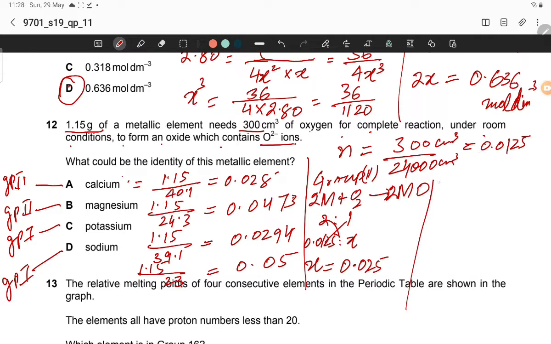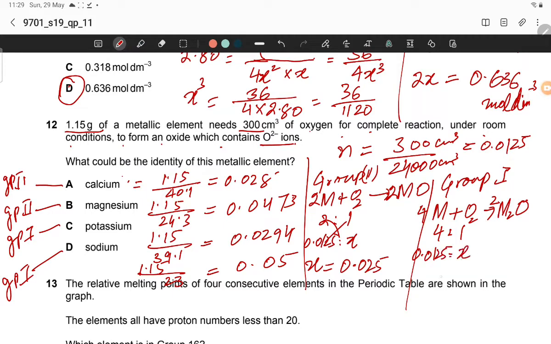So group 1: M plus O2 to form M2O. Balanced, 4M to 1 O2, ratio 4:1, and 0.0125, x.